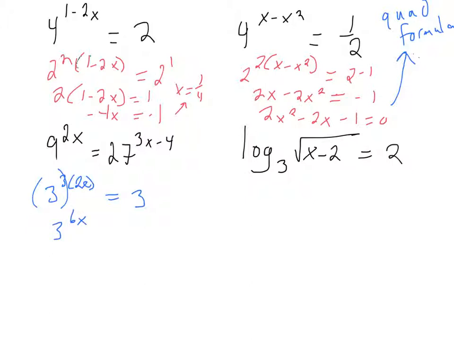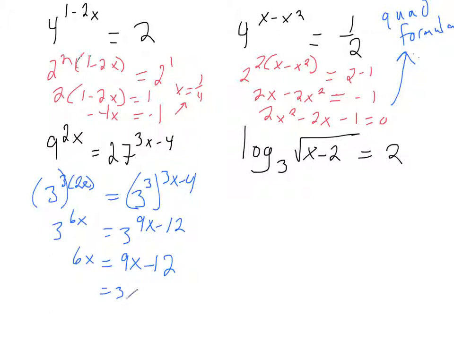And over here we have 3 to the 3rd raised to the 3x minus 4 power, and so we'll get 3 to the 9x minus 12. And so we end up getting 6x equals 9x minus 12 after we get the bases to be the same, and then we equate the exponents. And so we get 3x is equal to 12, and lastly x equals 4 for that one.